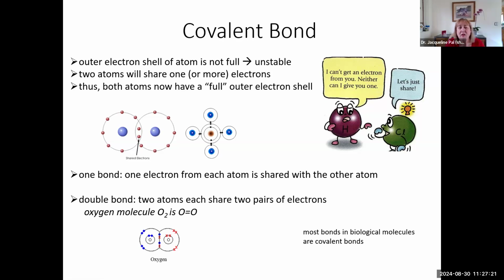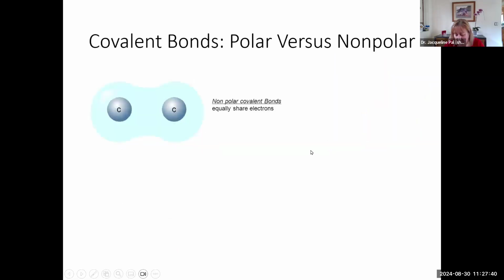Not quite as strong, but much more common. And another example of a covalent bond would be when a hydrogen atom is going to share with another hydrogen atom. Each one of them has 1 electron to share. So I'll talk about that shortly. But first, let's look at these covalent bonds.